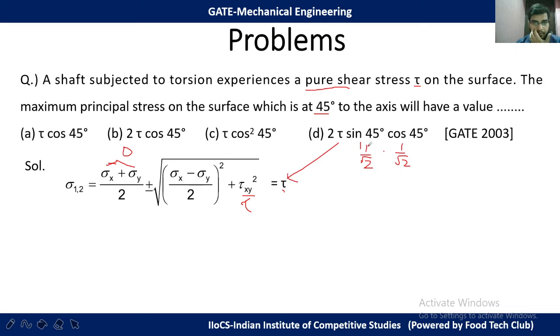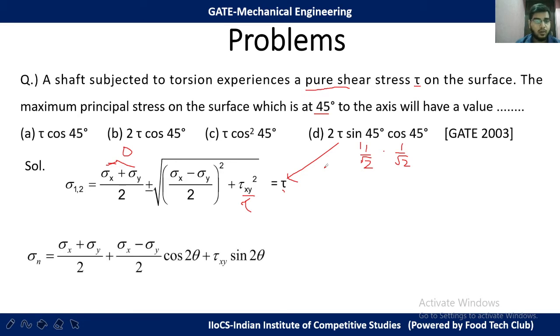Sometimes GATE questions are given such that your final answer will not match exactly with the options, but if you break down the options, you can match your answer with the equation. This type of question also comes in the GATE exam. There is one more formula from which we can find this, because the angle is also given as 45 degrees. So we know the general normal stress formula.